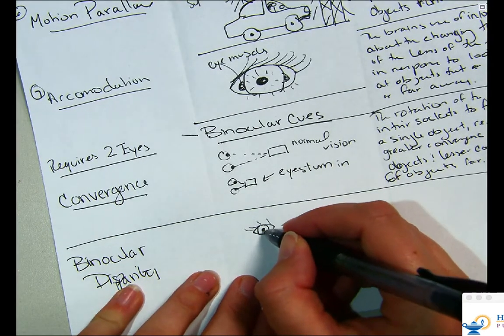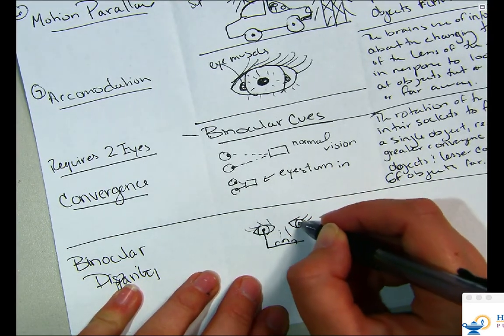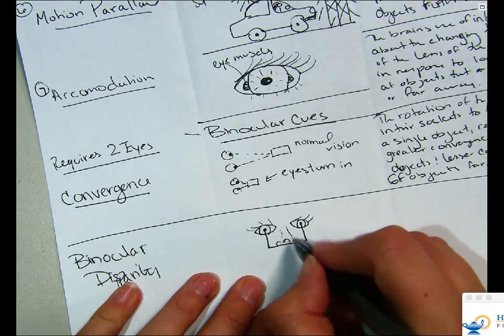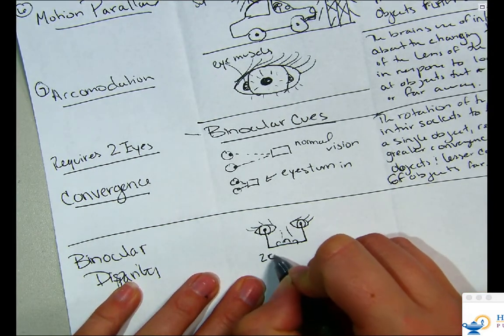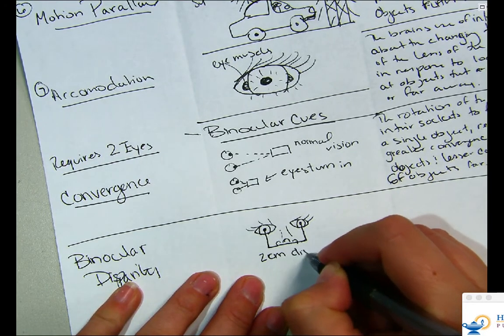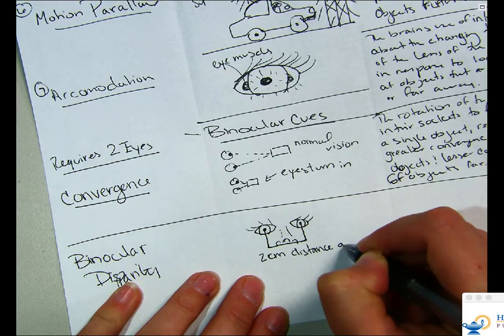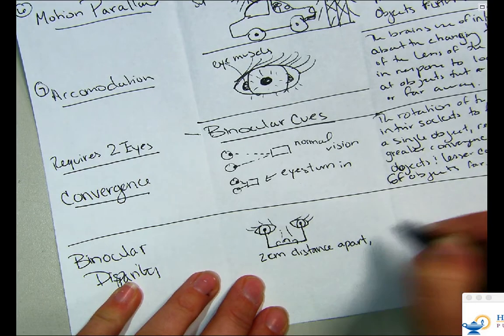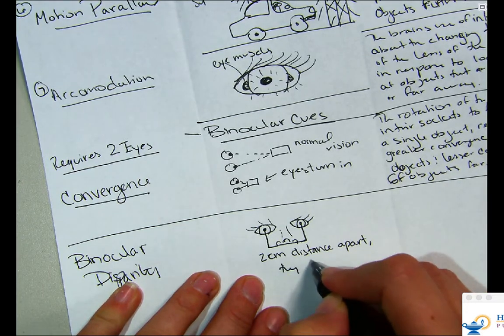Your pupil, which allows light in, is 2 centimeters apart. So, they see things differently.